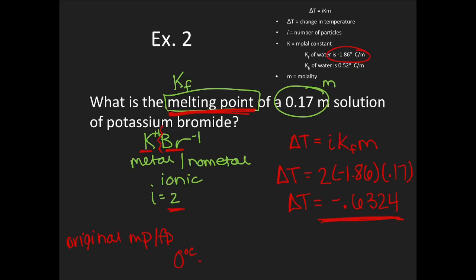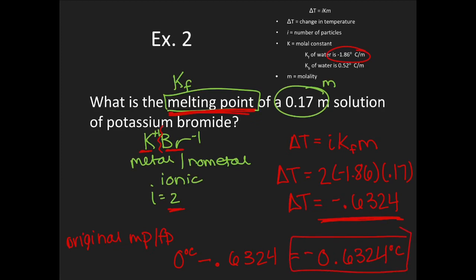So 0 minus 0.6324 gives me a new melting point of negative 0.6324 degrees Celsius.